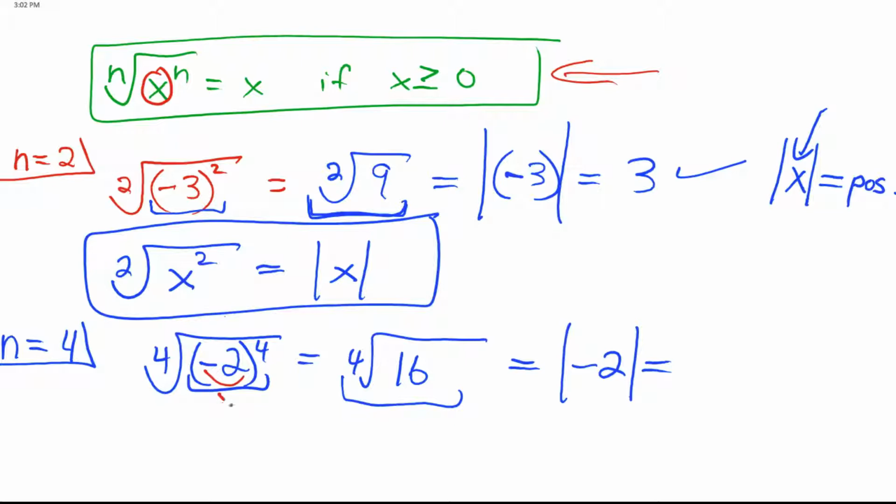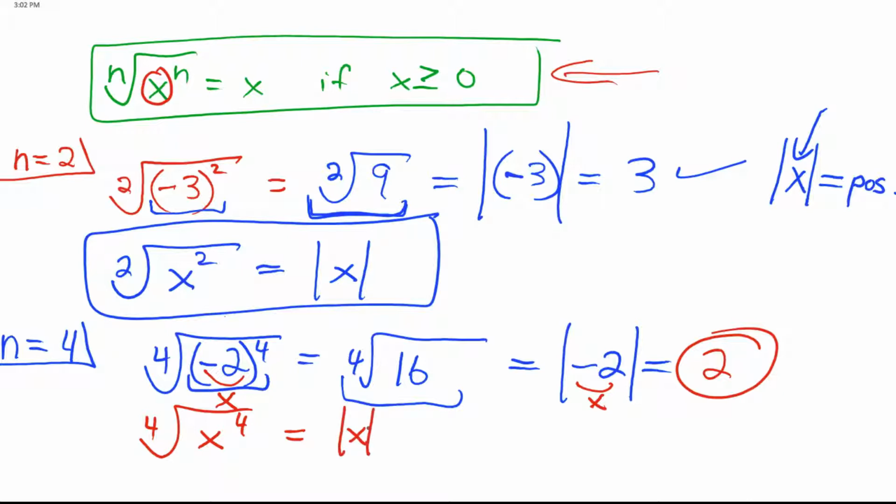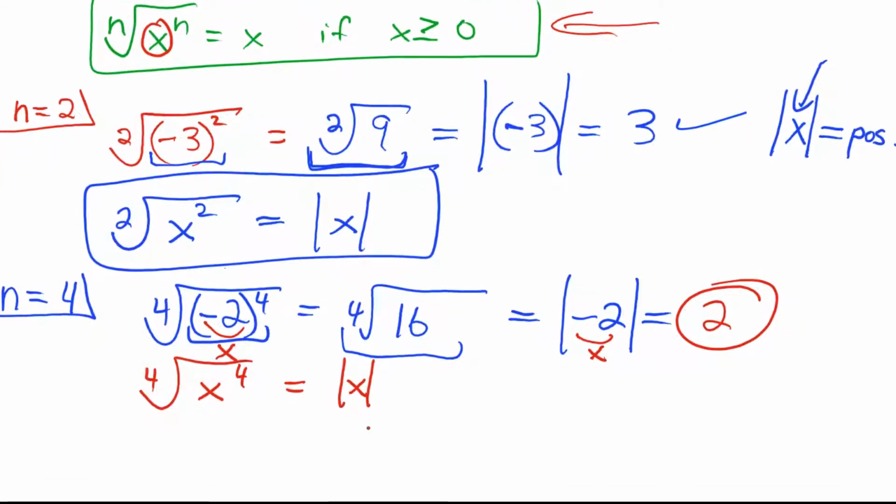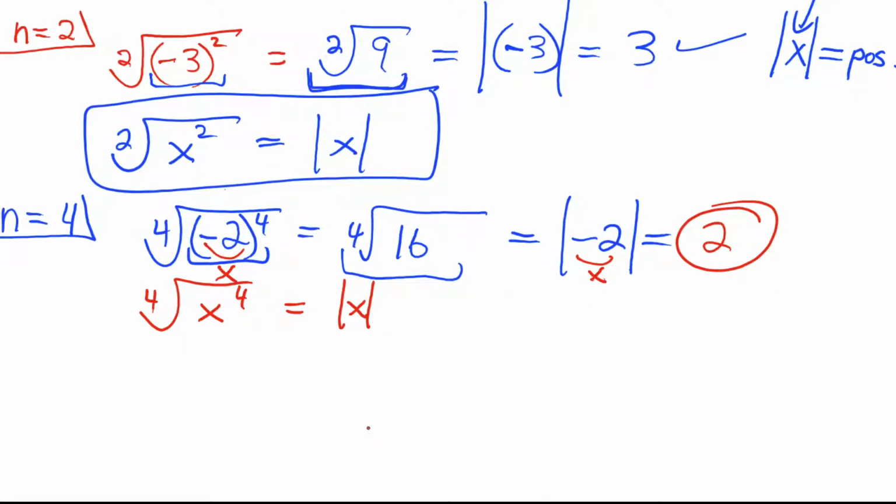This was our x to start with, and this is our x here, but our answer is the positive of that, which is 2. So the fourth root of x to the fourth, where x is any real number, will not just be x, it will be the absolute value of x. And this will be the case whenever you're dealing with even indexed radicals.